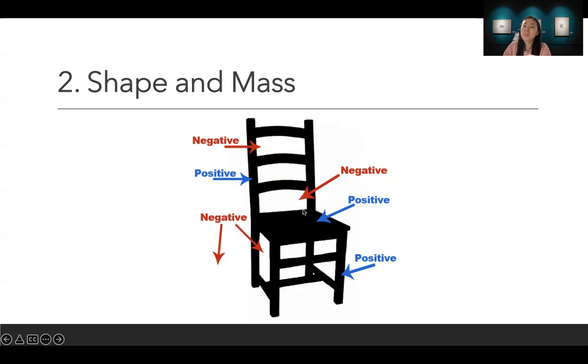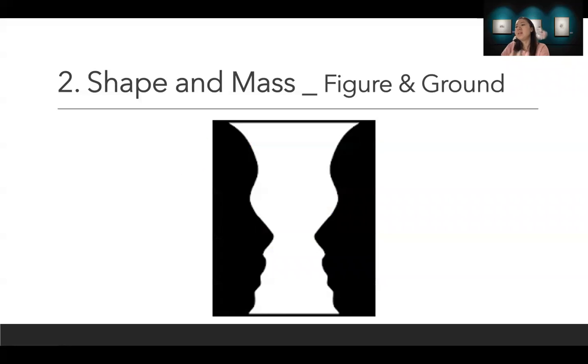And the negative shapes are the shapes in between objects, which means the background. Sometimes it's called figure and ground. The figure is the object part, this face profile image, like positive shapes. And the ground means background, like negative shapes.